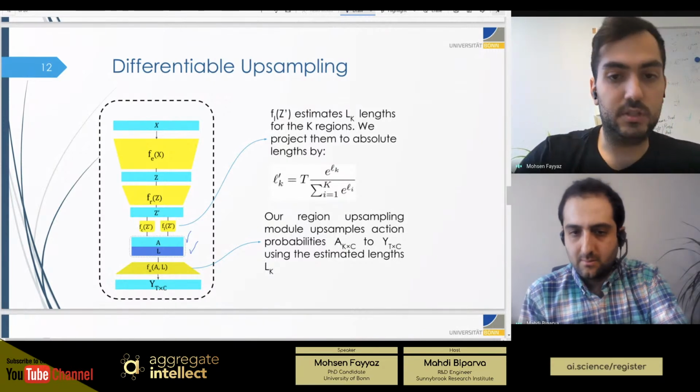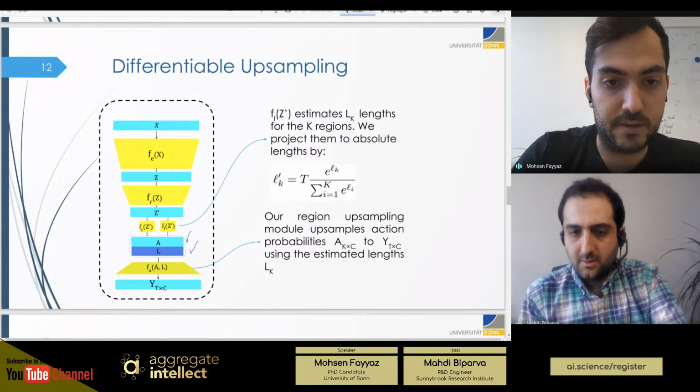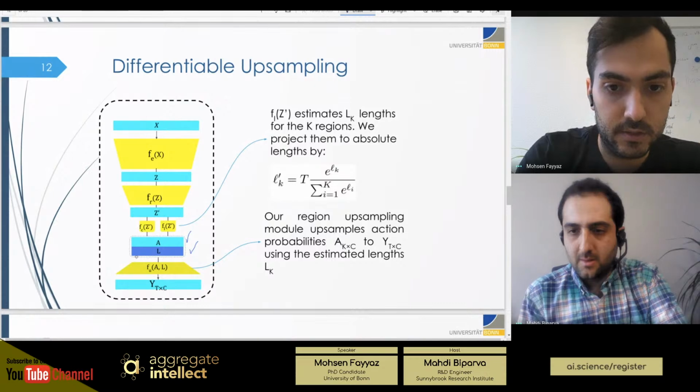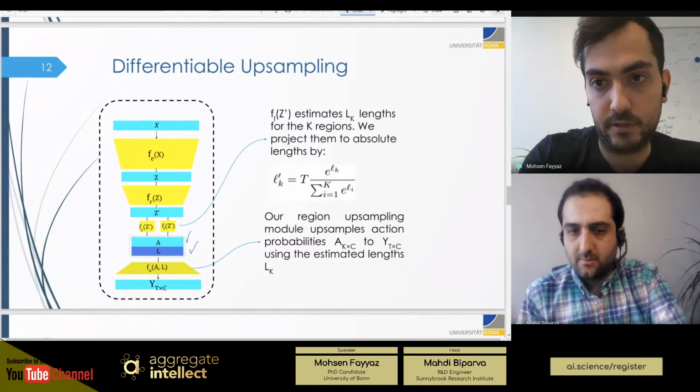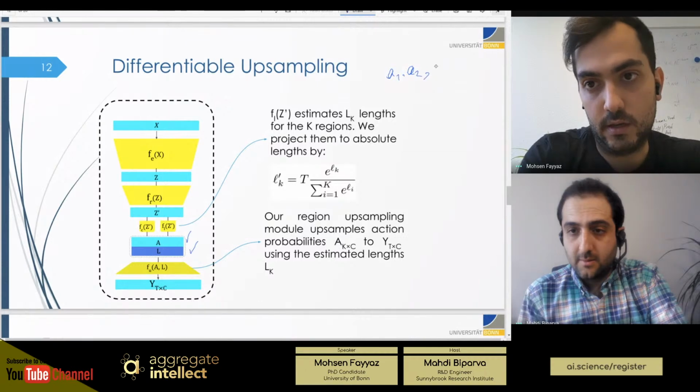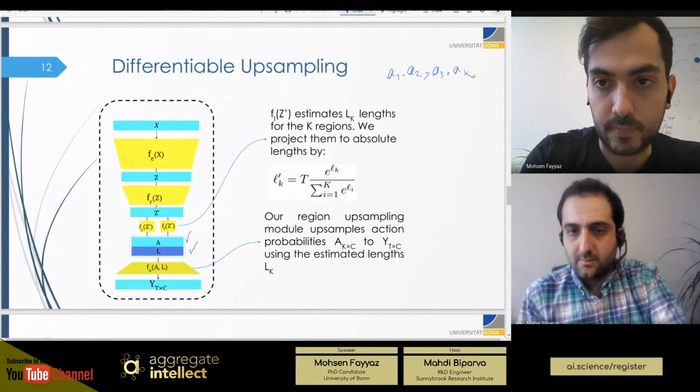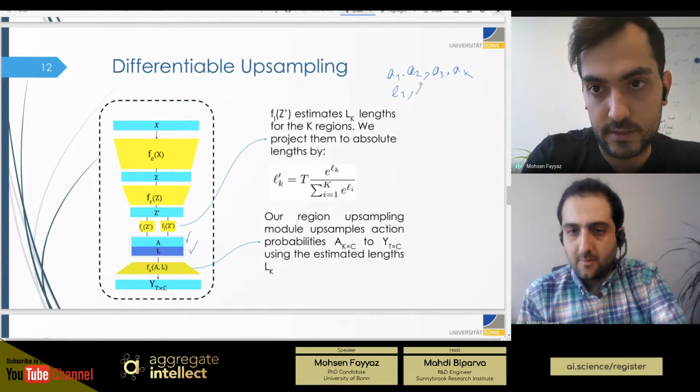differentiable. So this upsampling module upsamples A with respect to L. So how does it work? For example, in A we have A1, A2, and let's say A3 up to AK, and also we have the lengths.